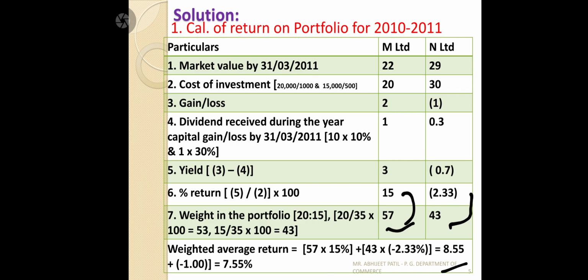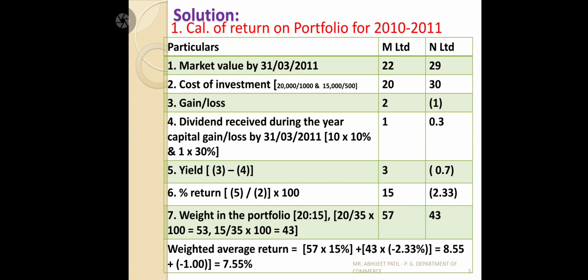So 8.55 minus 1 will get 7.55 as the expected return as per the portfolio for the financial year 2010-11, when the company declared dividend of 10% and 30% without probability, because here the probability is not given for the financial year 2010-11.